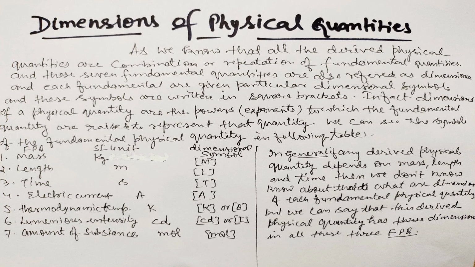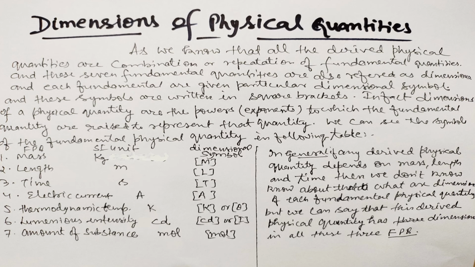This derived physical quantity depends on the fundamental physical quantities, or we can say it is the combination or repetition of fundamental quantities. These are the seven fundamental quantities, and they are referred to as dimensions, and each fundamental physical quantity is given a particular dimensional symbol.